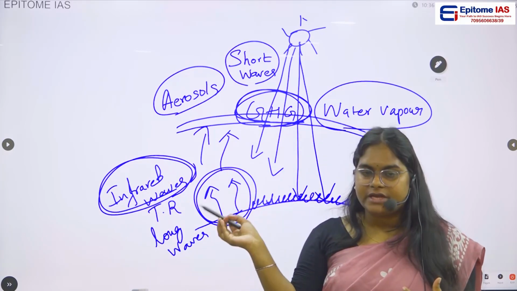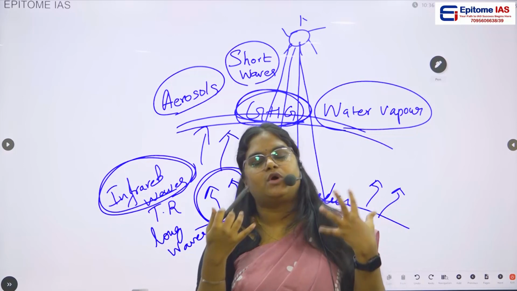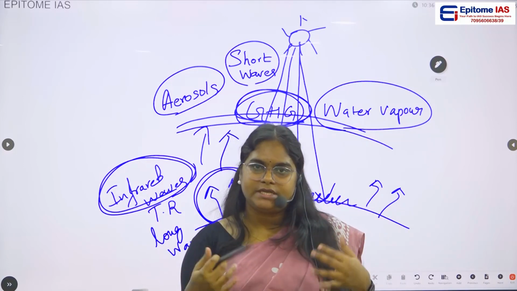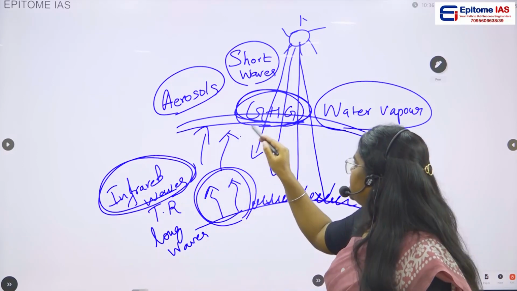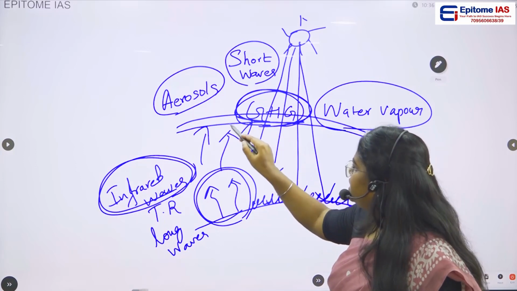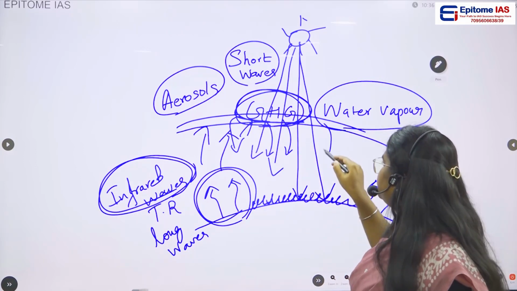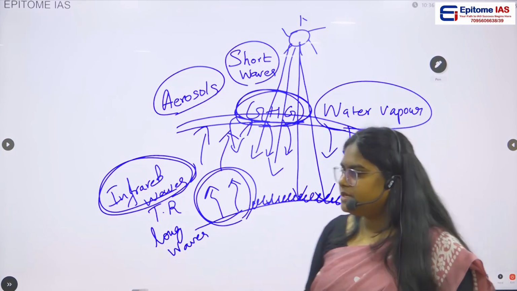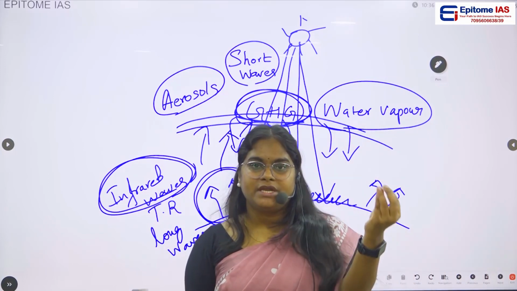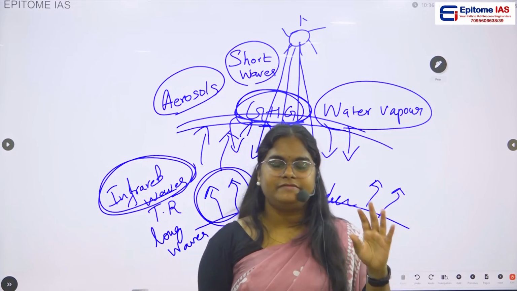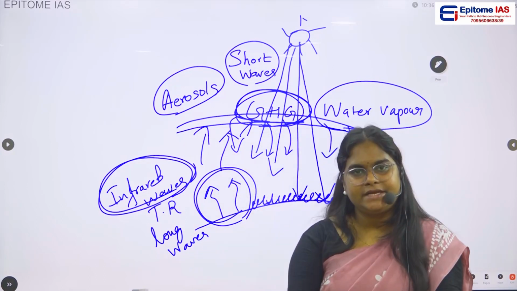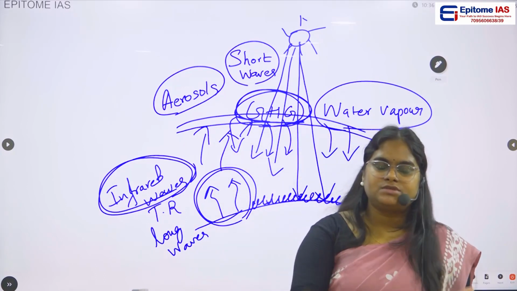So these infrared waves are absorbed by the water vapor or the greenhouse gases. First they absorb it and then re-emit it back to the surface of the earth. So the greenhouse gases absorb the infrared waves, the long waves, and re-radiate them back to the surface of the earth.